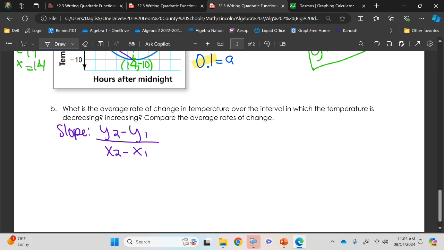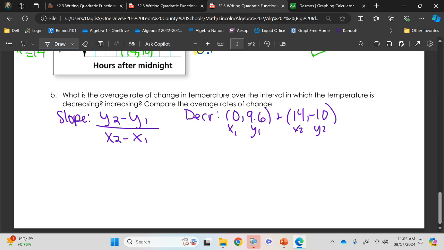All right, so we are decreasing first. We're starting at the point 0 and 9.6. And we're going to the vertex of 14, negative 10. So here's my x1, my y1, here's my x2, and my y2. We good?